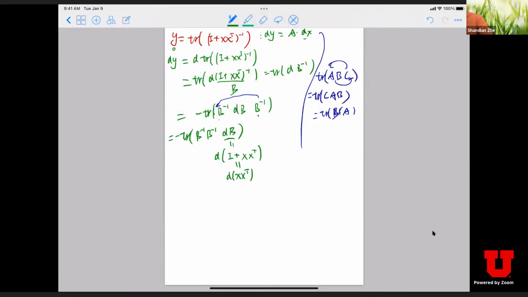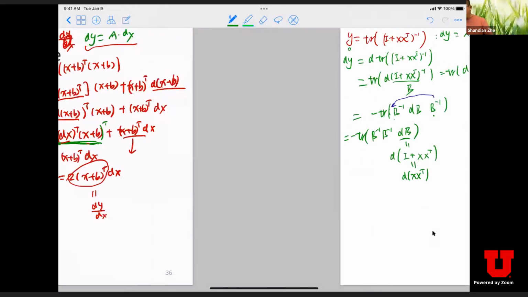And how do we derive d(X X transpose)? Yes, we have just used the product rule.